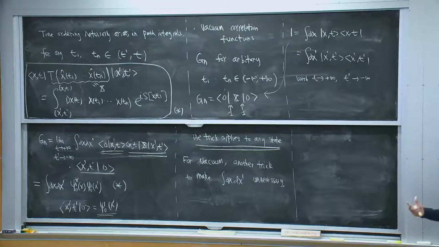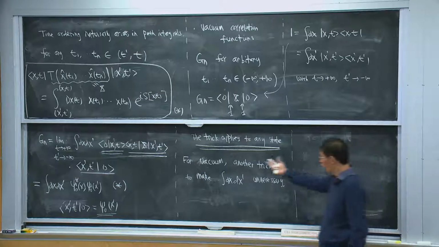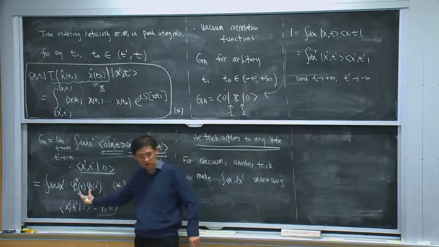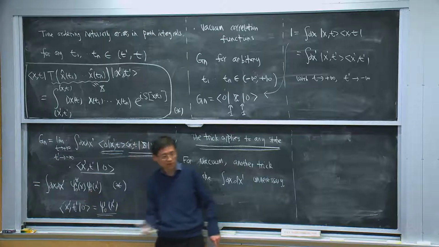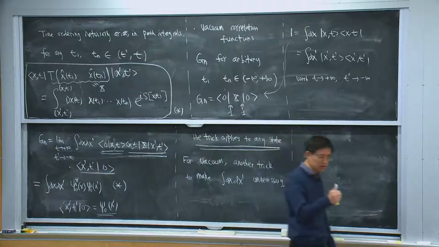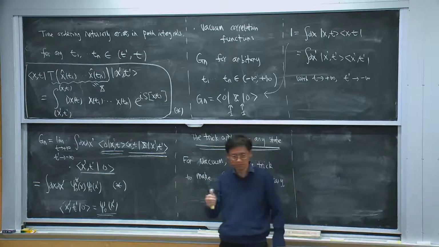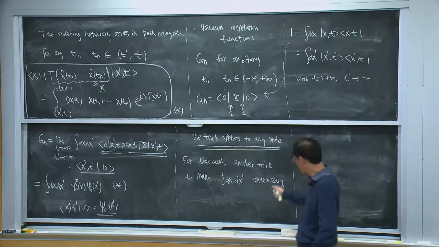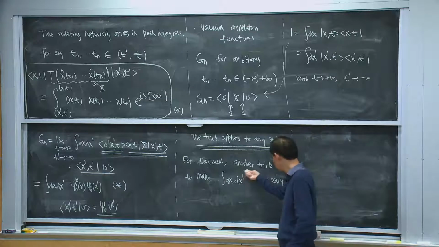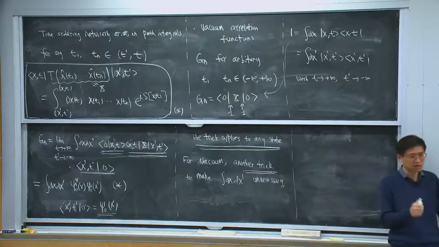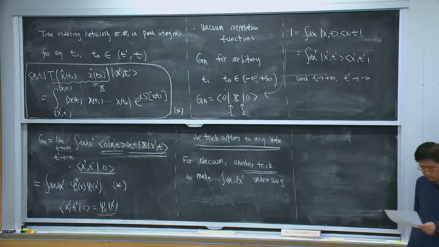So even though this formally gives you the answer, in practice it's often not convenient to use. But fortunately, for the ground state there's an additional trick where you don't need to use the ground state wave function at all. This trick is specific to the vacuum. You cannot apply it to other states.